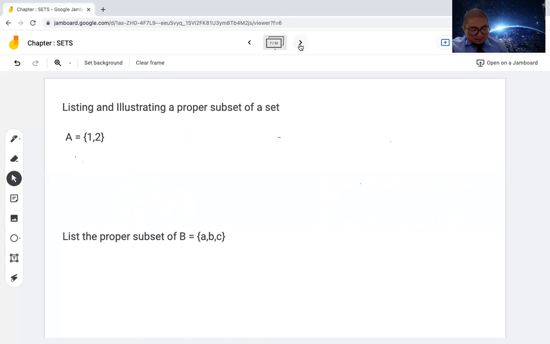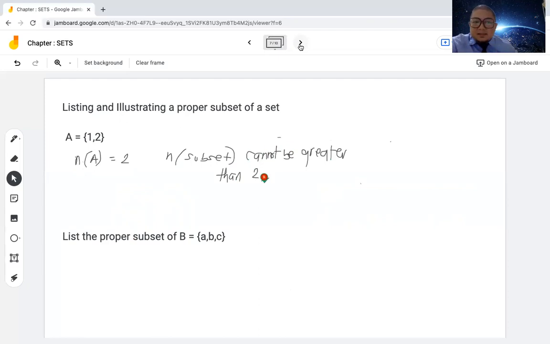So like what I said to you guys, if we are going to list down the proper subset of a set, what we need to understand is the number of elements of the set is 2, which means that the number of the elements of a subset should not be greater than 2, cannot be greater than 2.